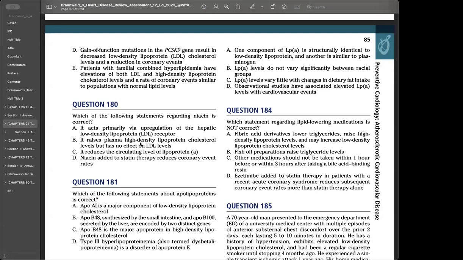This is a true statement because fibrates, examples of which are fenofibrate and gemfibrozil, are effective in lowering triglyceride and increasing high density cholesterol levels. They may also increase LDL in some patients.